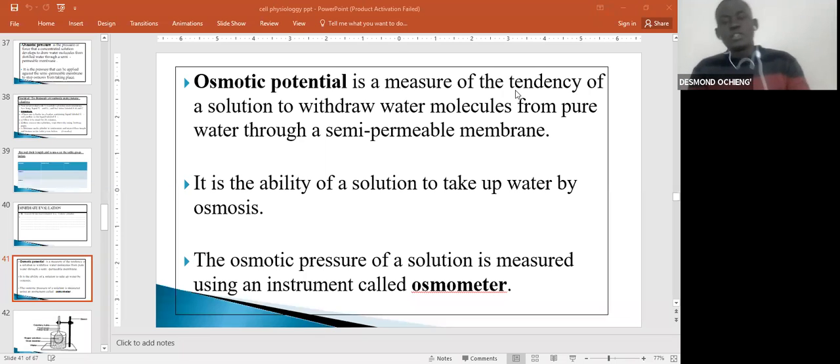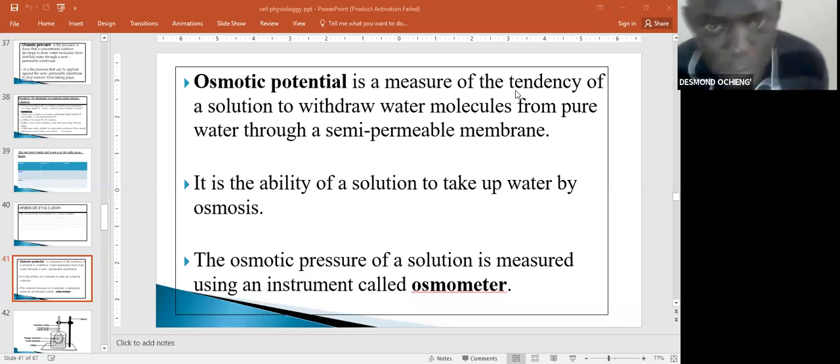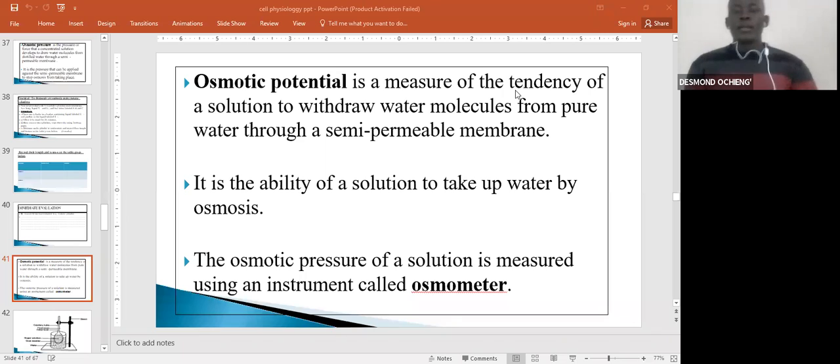Now, osmotic potential is our next terminology here. In different books, you will get the same meaning, but using different terms. For instance, the one that is commonly used by you students is KLB.